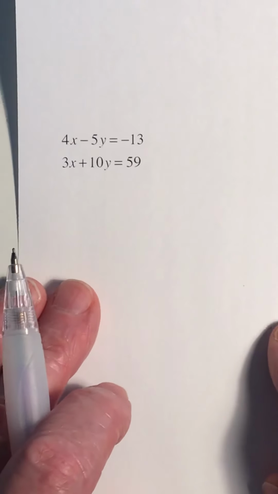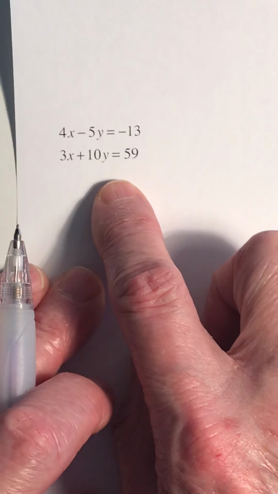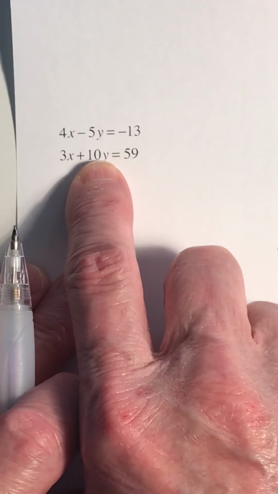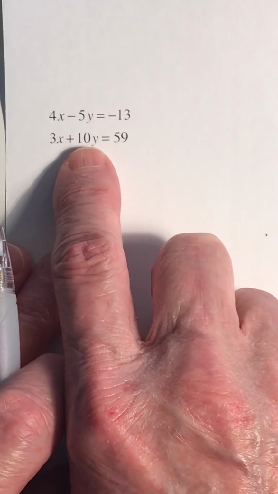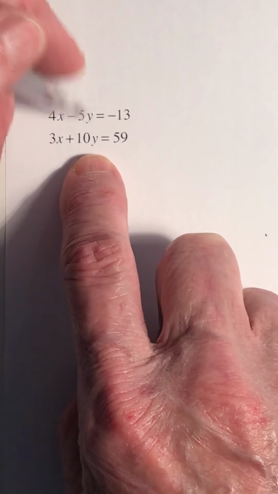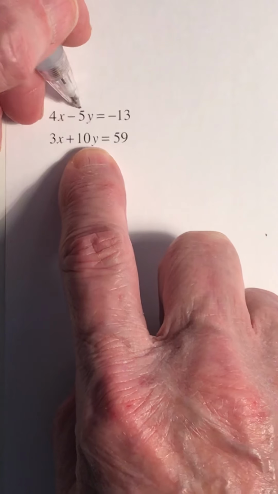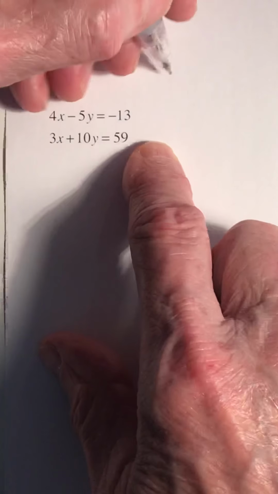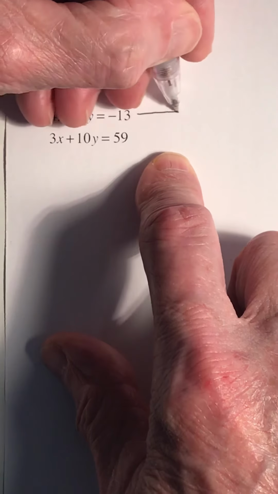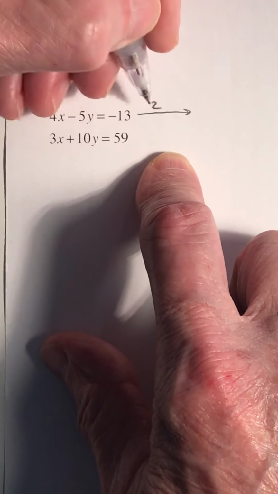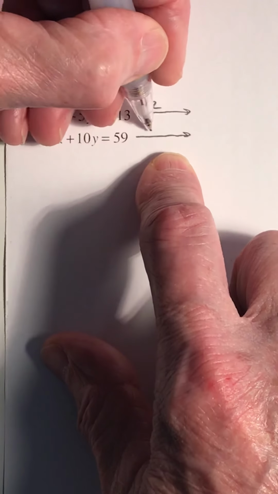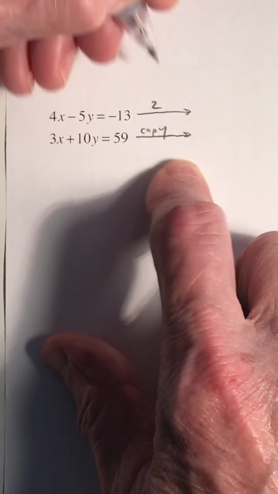Okay, let's go down here. Probably the obvious choice is to make this column opposite. I can make this a minus 10 with just one multiplication step. I multiply the top equation by 2 and make no change to the bottom equation.